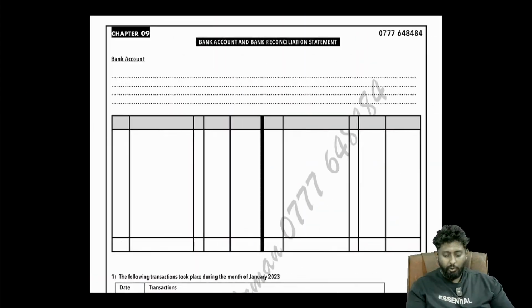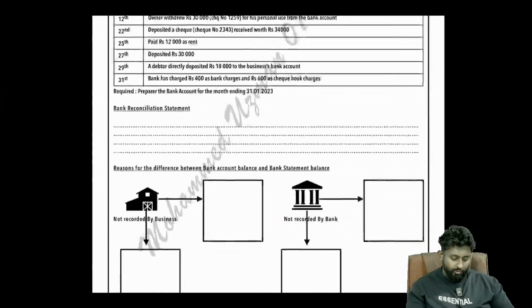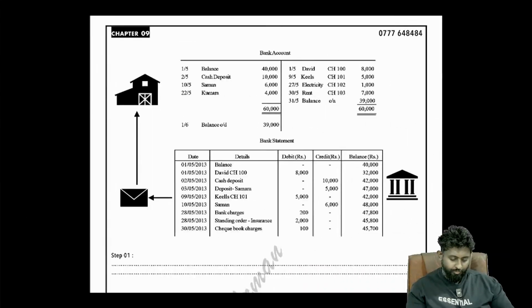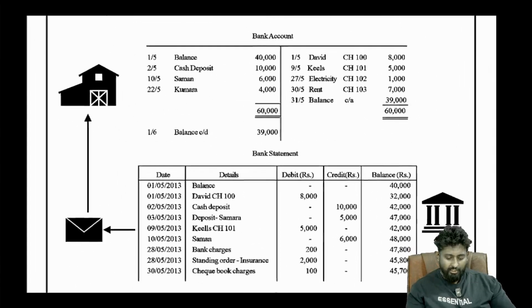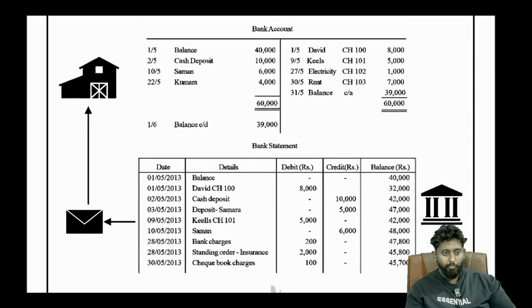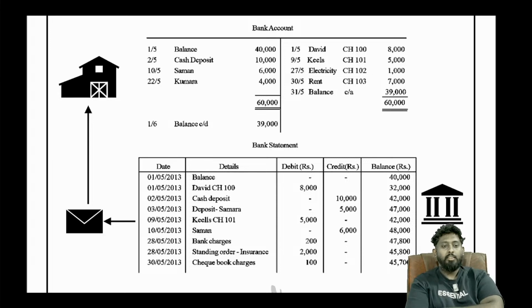Now I can actually write here. I hope you all can see this simple sum which is available. So let me talk about the bank reconciliation statement. Normally, how do we prepare such a sum?